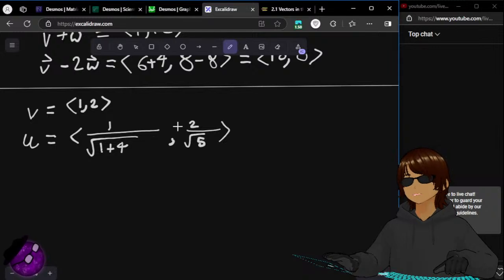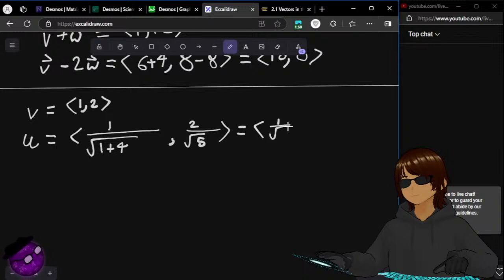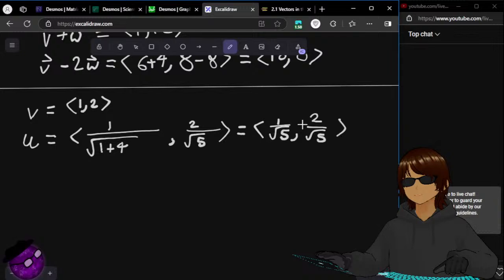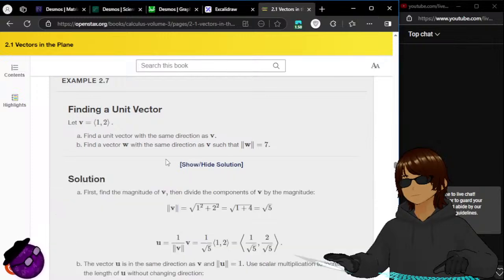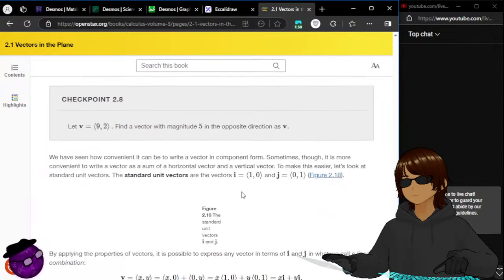This is the unit vector in the same direction. But then we just multiply by 7, so we get 7 over root 5 and then 14 over root 5.